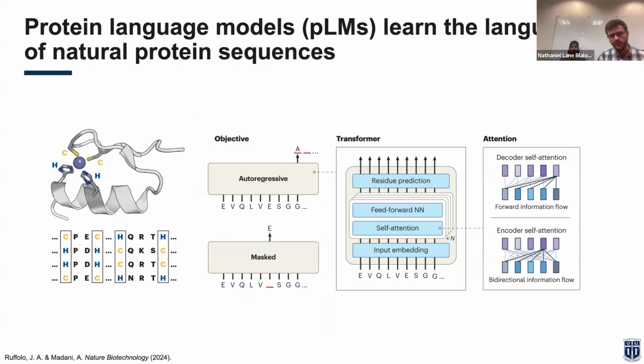What's really cool about these models is they've been shown to generate representations that capture how a protein's linear arrangement of amino acids encode its structure, function, and dynamics. And these representations have been powerful for a range of tasks from structure prediction, functional annotations, variant effect predictions, as well as evolutionary modeling.